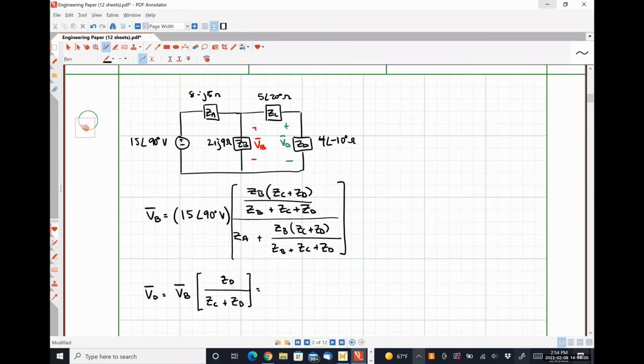Hoping my calculator doesn't run out of memory with me trying to type all of this in one go. We shall see.